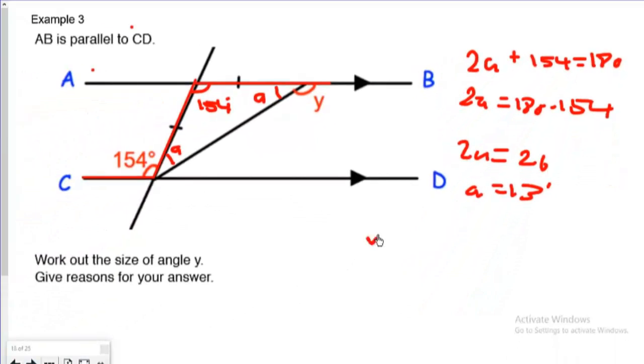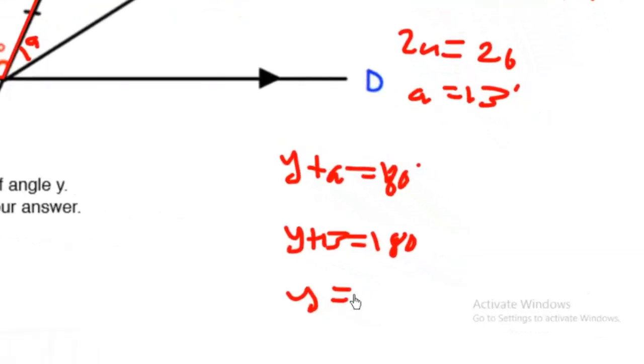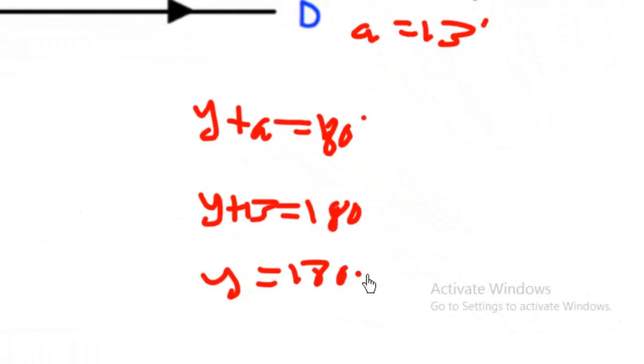Now Y plus A should be equal to 180 degrees. So Y plus 13 is equal to 180 degrees. So my Y is equal to 180 minus 13. My Y will now be equal to 167 degrees.